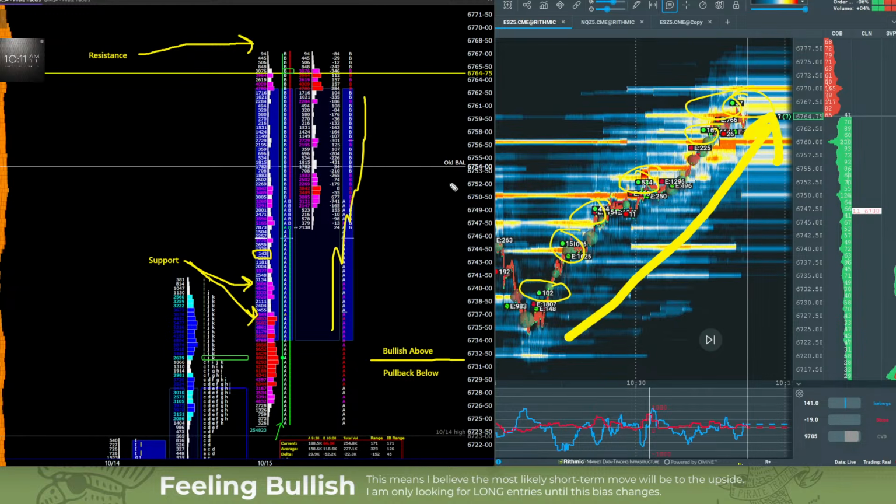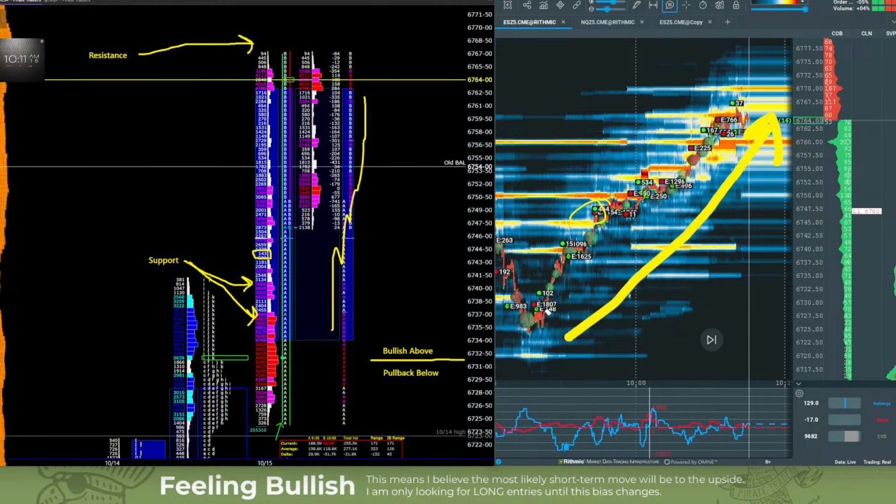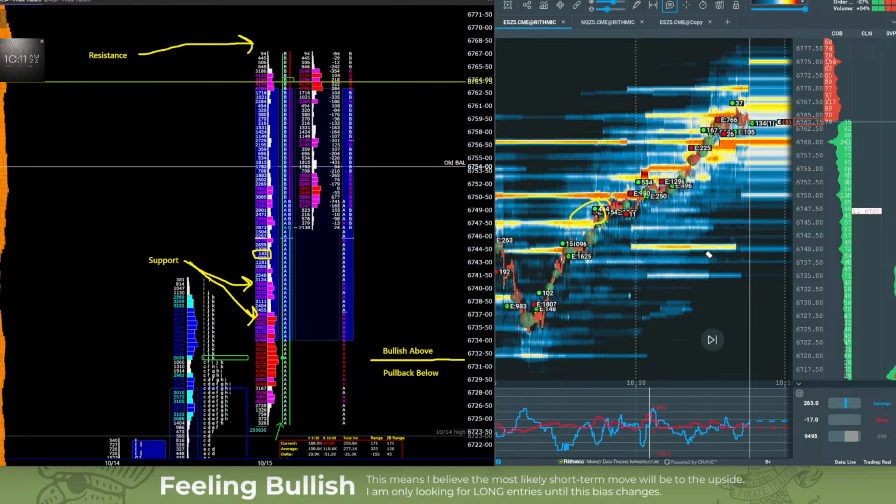I'm now looking for resistance around 67.69. Looking for sellers at 69.